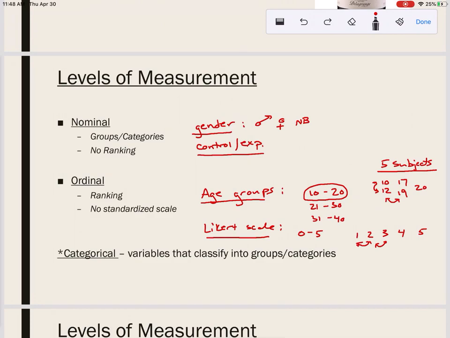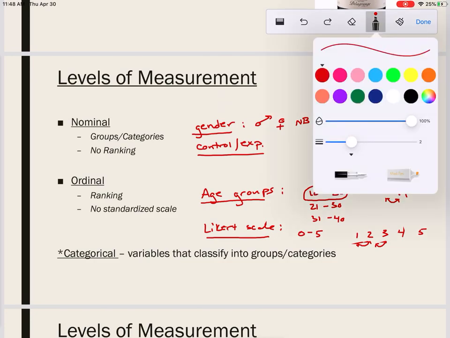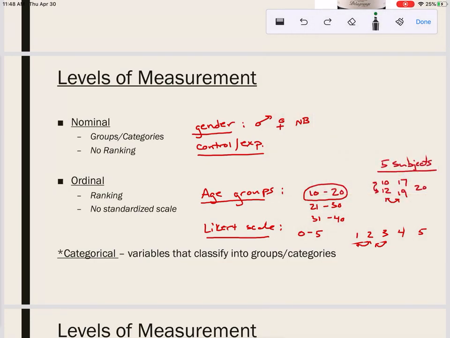So if I were to draw out the different response options, the differences between them are not standardized, because someone's definition of a 3 in self-esteem is different from someone else's. This can be a little tricky, but stick with it. And at the end of this video, I'm going to give you some examples to practice.